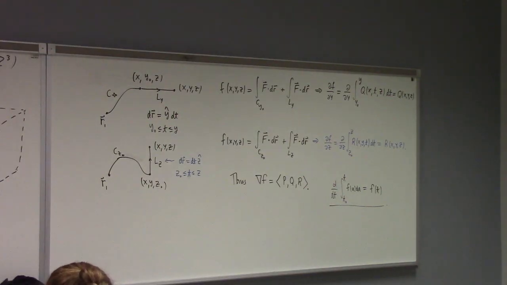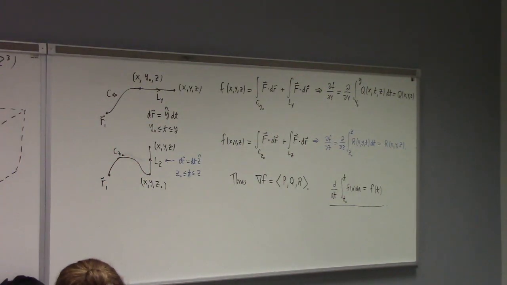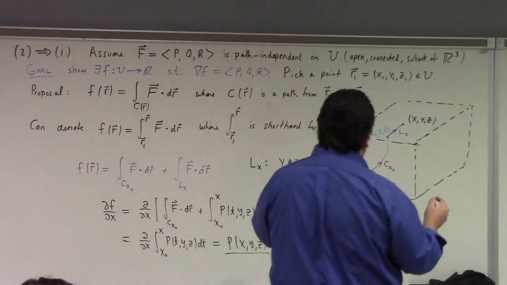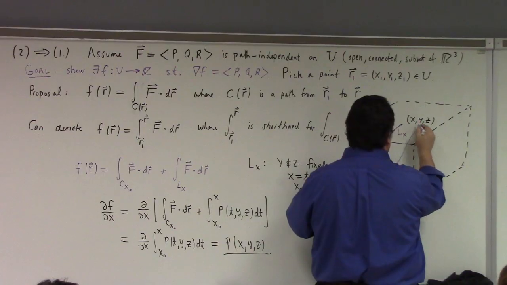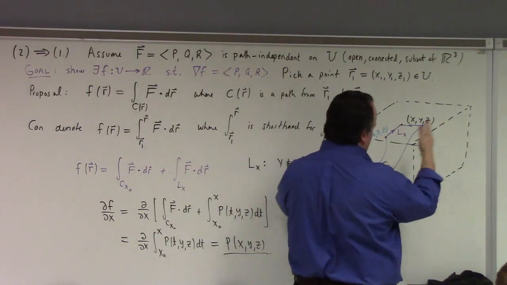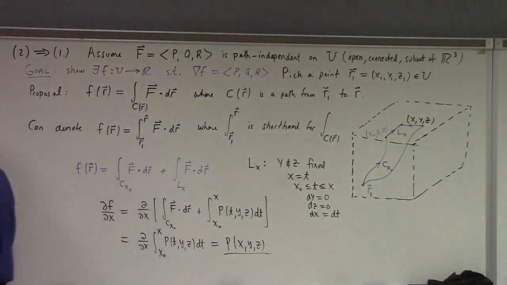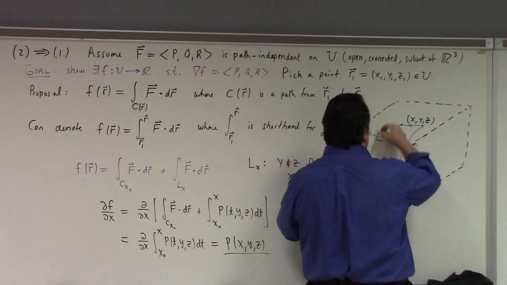I've drawn these three different pictures so that it's less busy, but if I try to draw them all at once, I can go from R1 over here to this point, and then come in like this, or I can come in up here to this point.